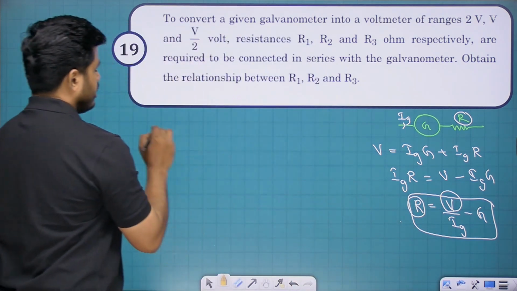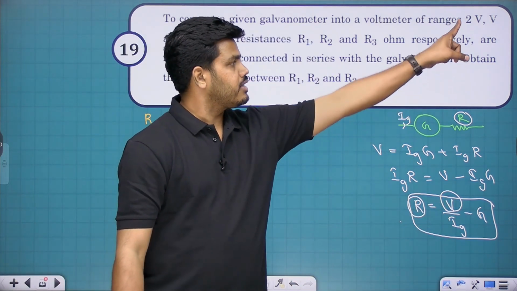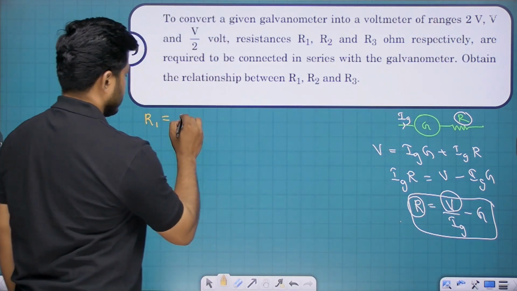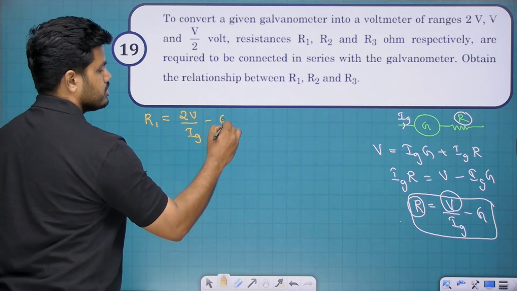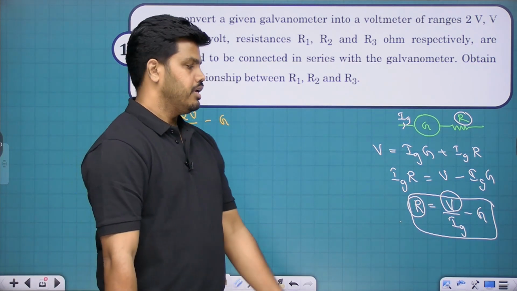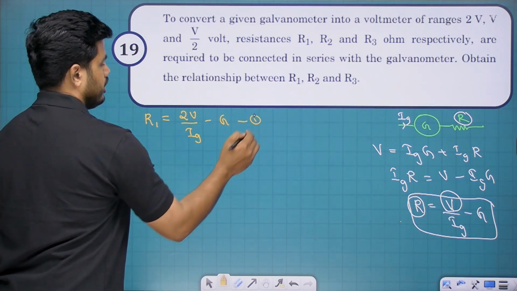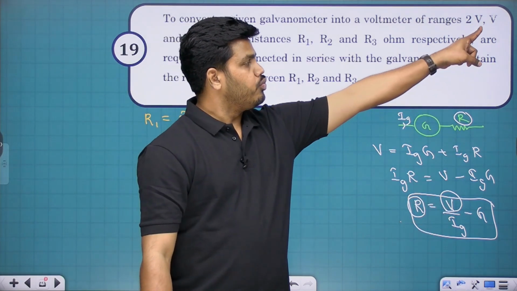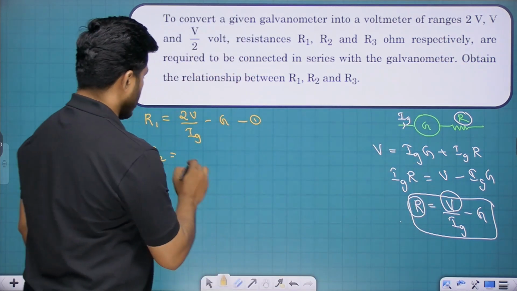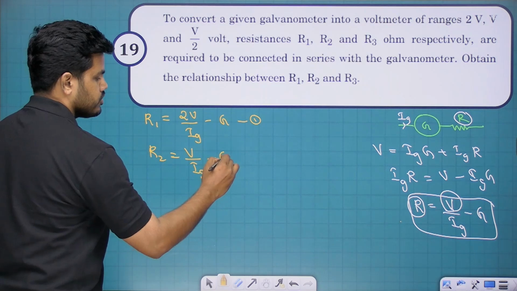See, look at this. R1 can be written as, what was the range at that time? 2V. So we can write 2V divided by Ig minus G. Correct? This is equation number 1. Then R2. When I change the range into V, it is going to be R2. So R2 is just V by Ig minus G, right?